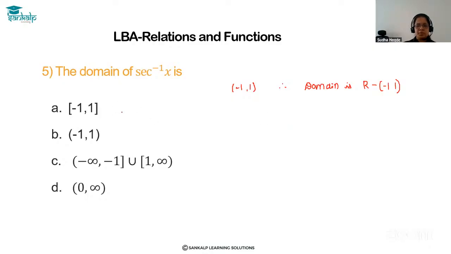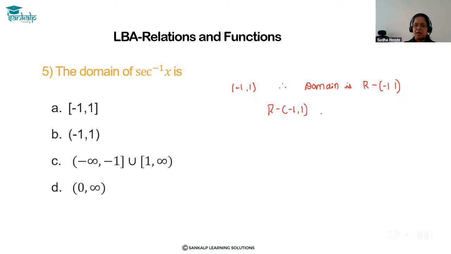Is there any option like that? R minus -1 open interval. So we don't have such option. We can rearrange this. R minus -1 1.